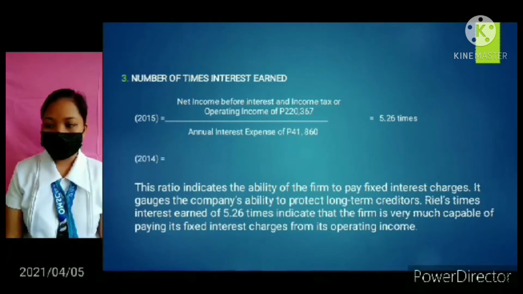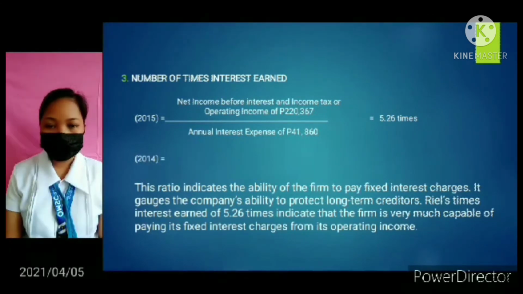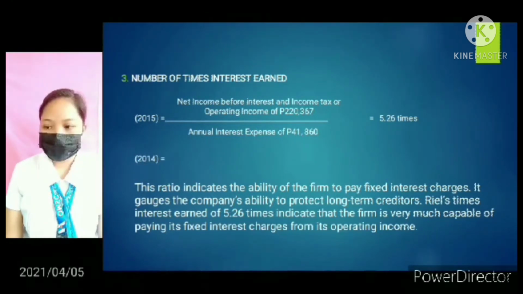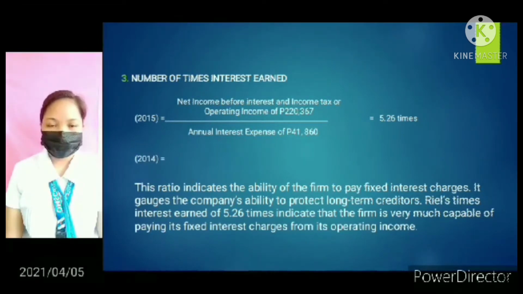It gauges the company's ability to protect long-term creditors. Real's times interest earned of 5.26 times indicates that the firm is very much capable of paying its fixed interest charges from its operating income.